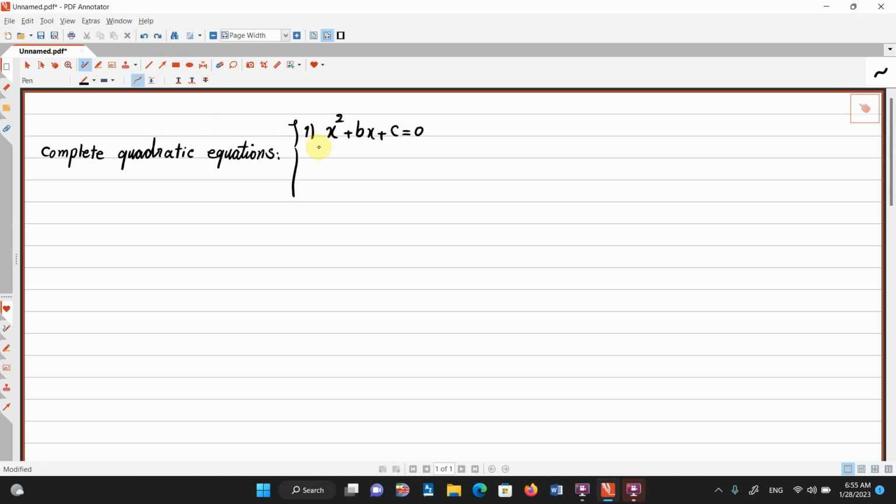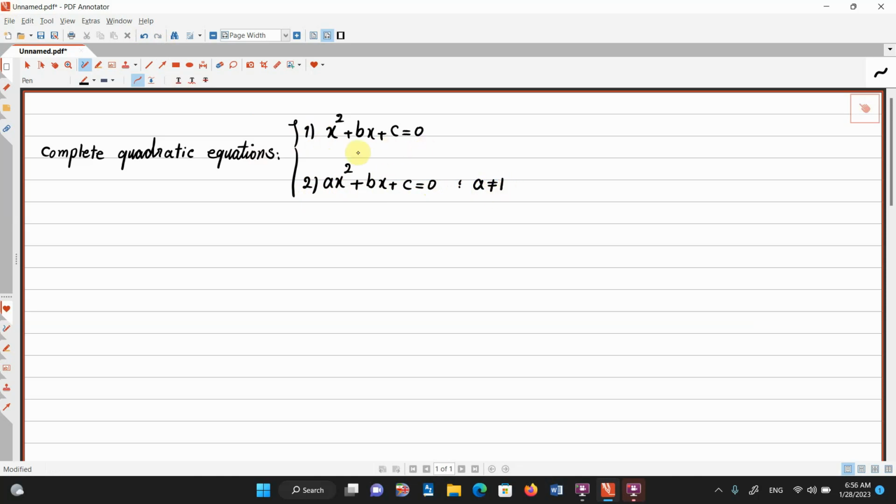This is the first group of complete quadratic equations, and the second group are the complete quadratic equations in which the leader coefficient is not 1, and they are in the form of ax squared plus bx plus c equals 0. In these, a is not equal to 1.